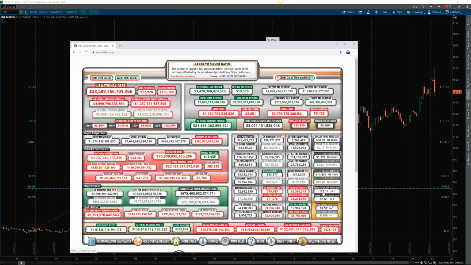If all of the people that own SLV or SI or any type of paper derivative decided to sell their paper derivative and convert their dollars from a market, like an ETF, into physical, you have 175 people that would try to buy the same ounce. What would that do to the price of silver? 88 people own the same ounce of gold in the paper market. What would that do to the price of gold if all of these people sold their paper contracts and went out into the real world and tried to buy gold?